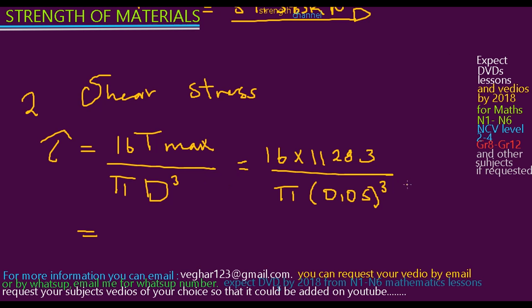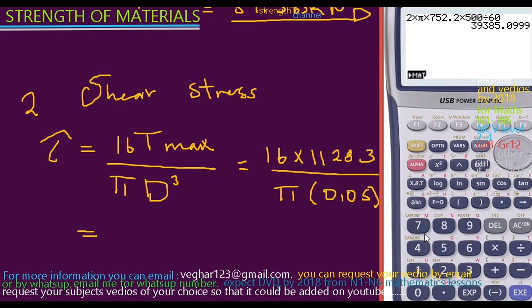And then calculating the shear stress using a calculator, you'll have something like 16 times 1128.3, and then divided by, close brackets, put everything here, shift pi, multiply by 0.05 raised to 3, then the answer.